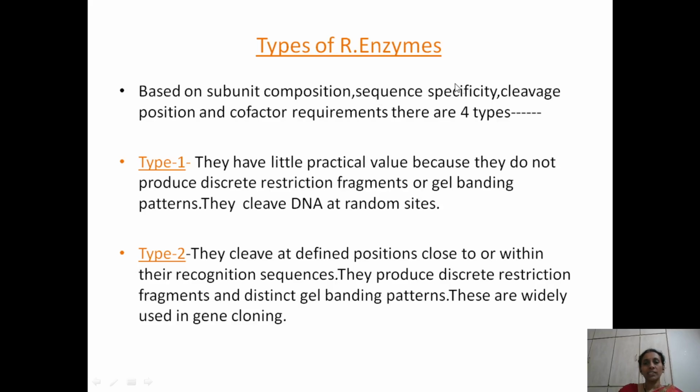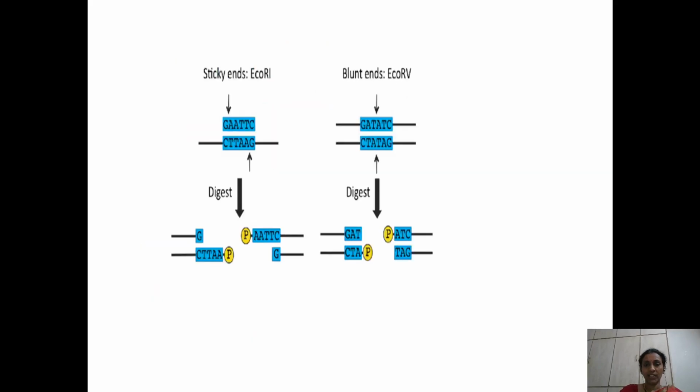Next, sequence specificity. Sequence specificity means the DNA sequence where the enzyme cleaves. For example, as we have seen in our previous slide, the sequence where the enzyme cleaves is called a target sequence. The target sequence for EcoR1 is GAATTC.